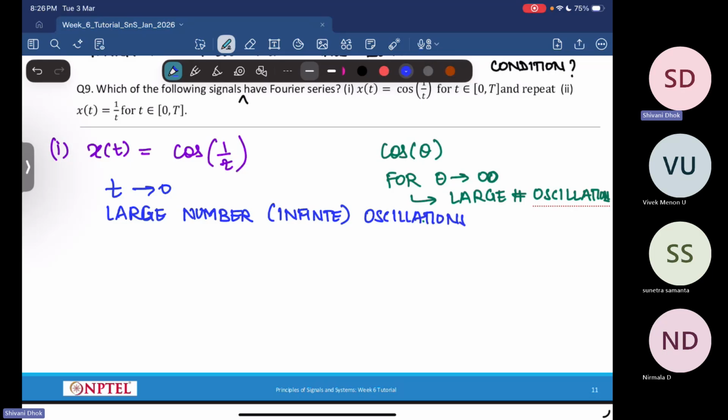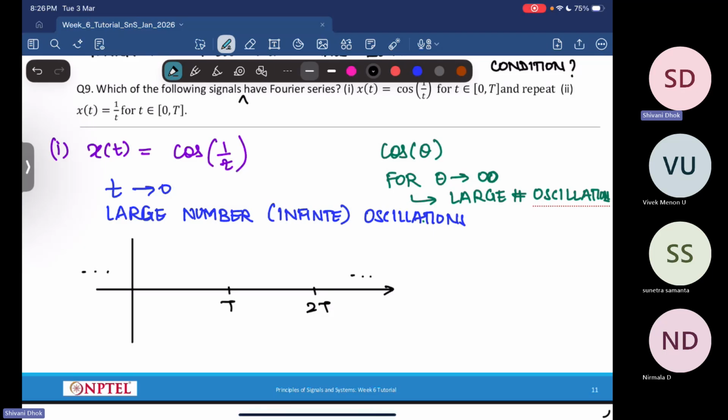So how does this signal look? Let me draw. Let's say you have t, you will have 2t, and so on. The same will happen on the negative axis. You have x of t, and this is a cosine signal, so it will start something like this. You'll have a large number of maximum oscillations here, and then they will slowly die down.